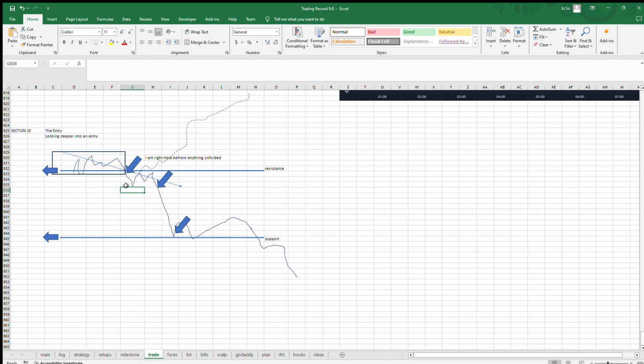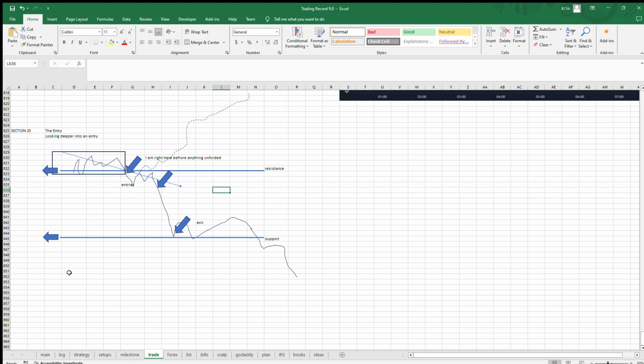So these are the entries, and then this will be the exit, right here. That's the point of exit. That's how I would handle a trade.